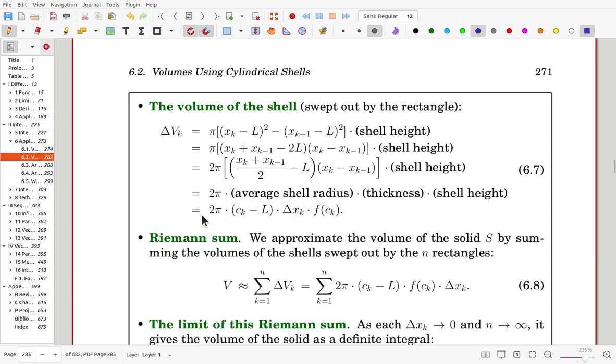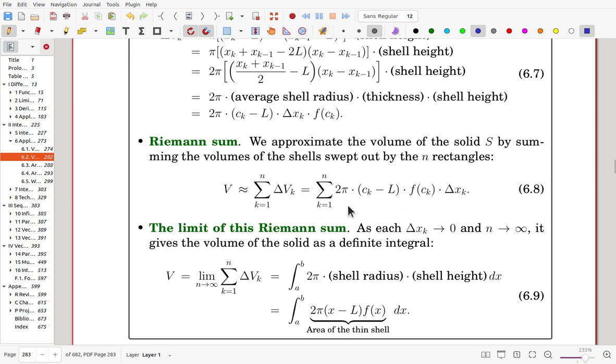That is the term, and we add them for k equals 1 to n, then we can reach this one. That is 2 pi times (c_k minus L), times this height, times the thickness.